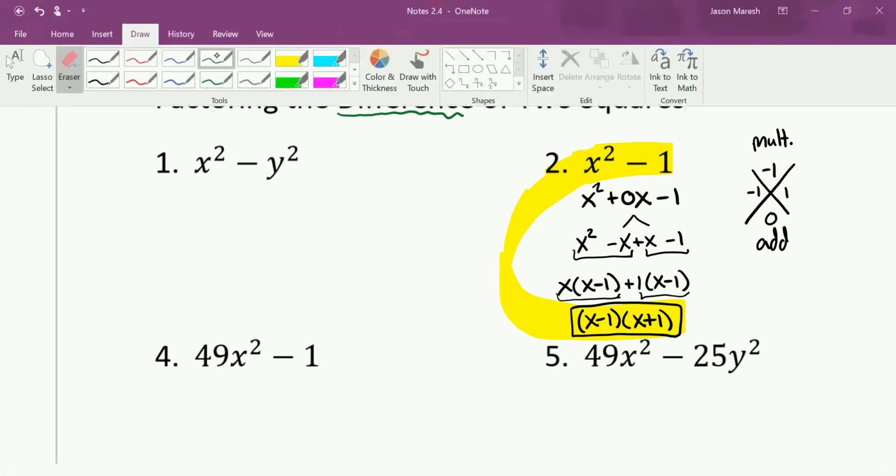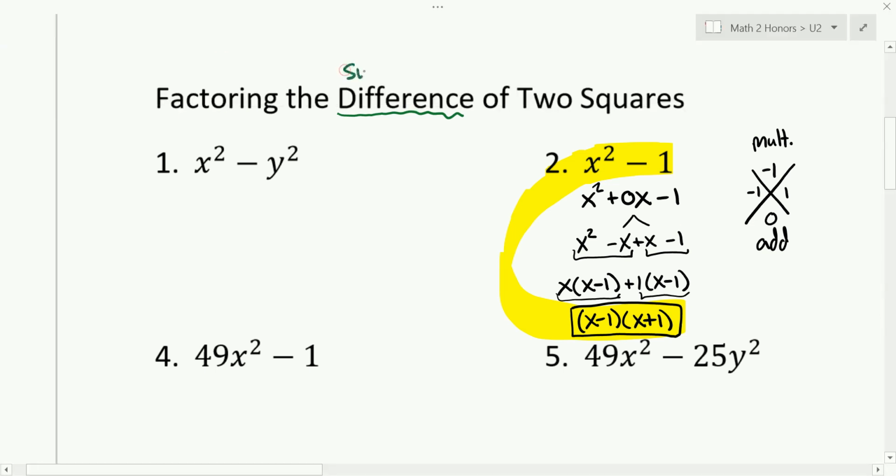Let's try that again. Okay. So it's got to be a subtraction sign between two perfect squares. And we have that in number 1. And so when you factor it, you're going to get two factors. Each factor will have two terms. And those two terms will match. So like what times what is x squared?